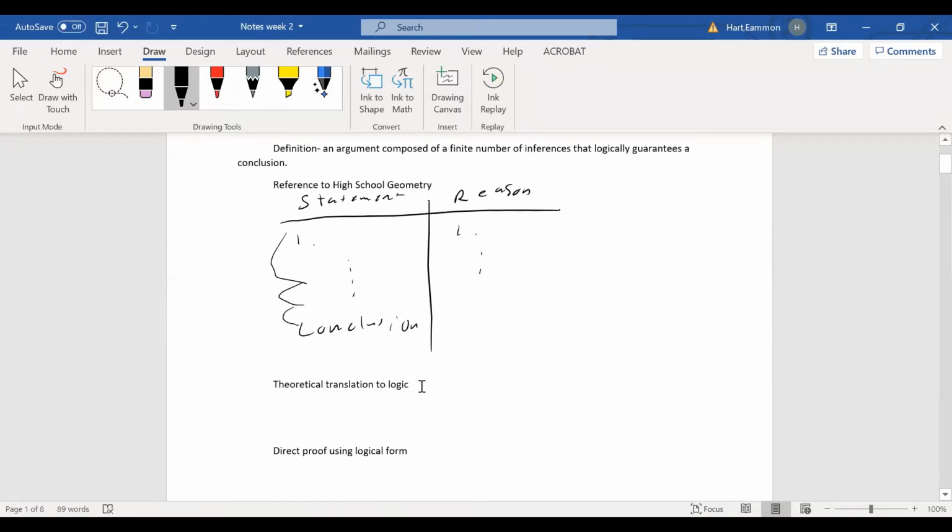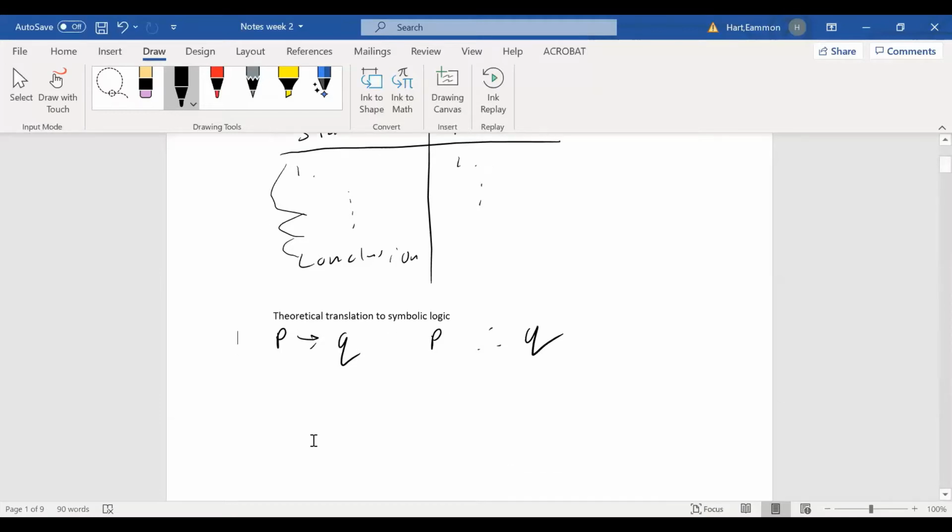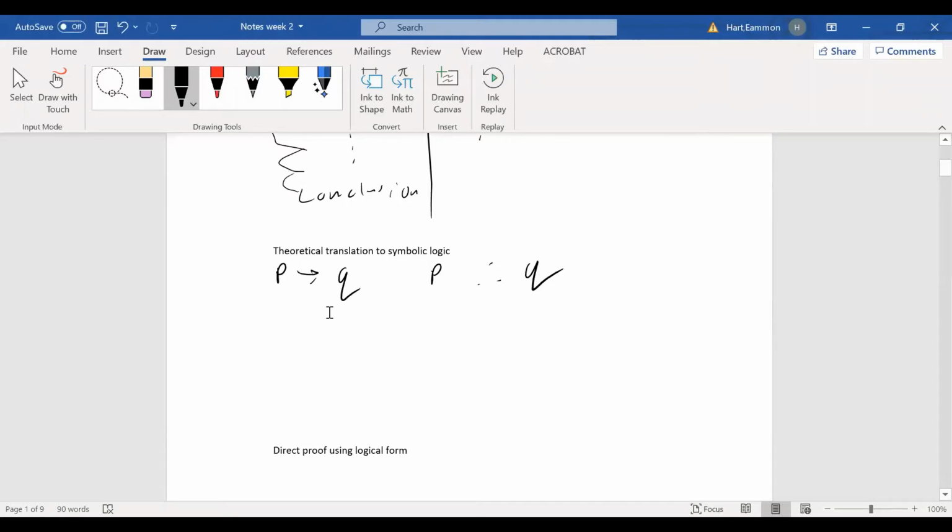In theory, any proof could be written in that form or in the form of propositional or symbolic logic. So in symbolic propositional logic, you'll see something written like P implies Q, P, therefore Q. This is our first premise, this is our second premise, this is our third premise.